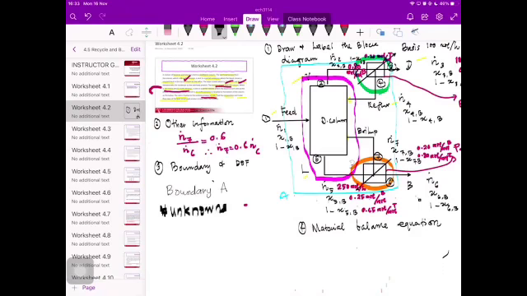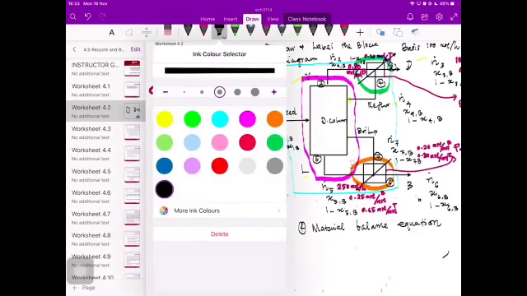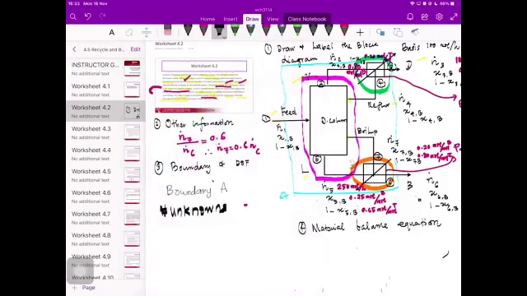How many unknowns do we have? So boundary A, we can say, has stream 1, stream 3 and stream number 6. All right, these are the streams that we have. So how many unknowns do we have? Let us label the unknowns.